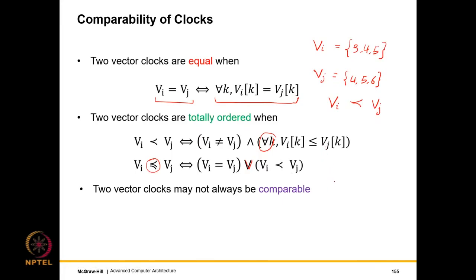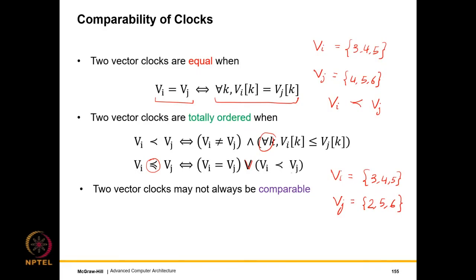However, let's say Vi is the same 345, and Vj is equal to 256. For the first element, 3 is greater than 2, but for the second element, 4 is less than 5.